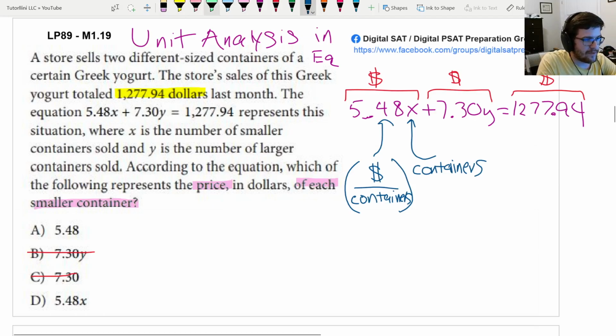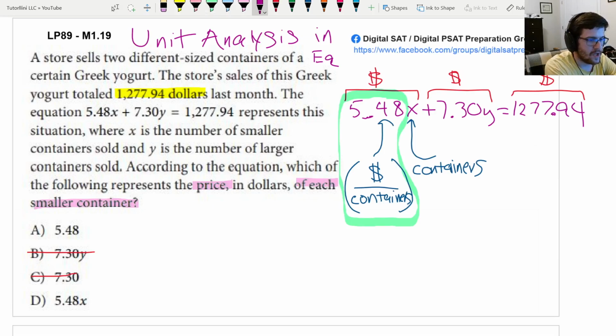So the 5.48 should have units of dollars per container. Dollars divided by container. Per is just another way to say division when we're talking about units. So this should be 5.48 dollars per container.